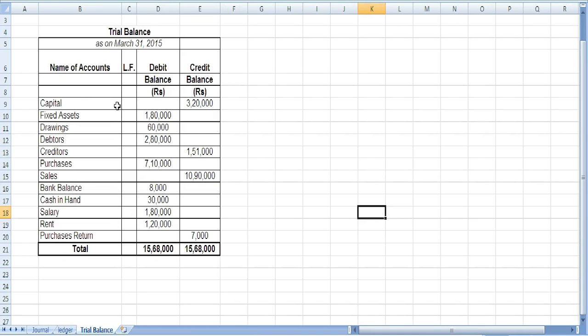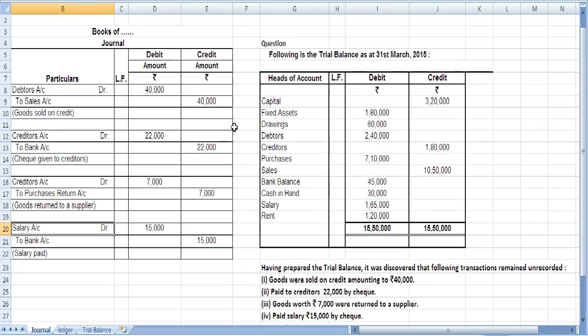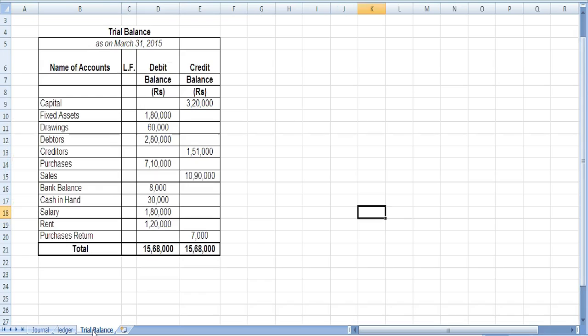Trial balance: first we'll copy down all the heads of accounts, capital, salary till rent. And here if you see, we have added one new account, that is purchase return, and now we'll change the figures for those accounts whose balance BD has changed.